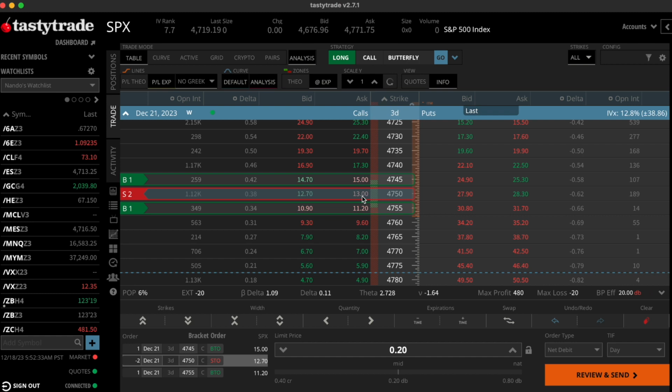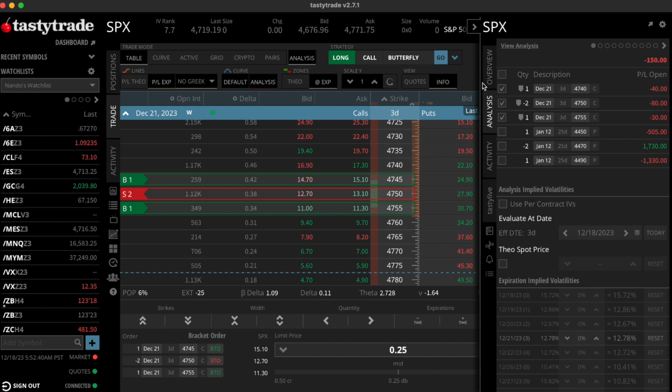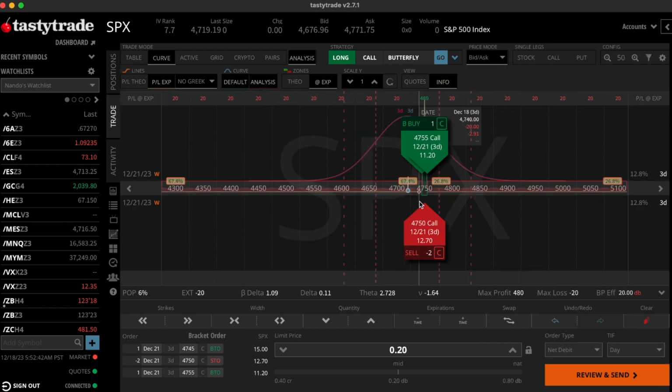Then it'd be a butterfly, and you'd still have a credit for doing the whole trade with the possibility of a nice payoff at the apex of the butterfly or the apex of the condor. That would be pretty cool. But the most important component of all that is realizing that if you had let the original trade expire worthless, you're exposing yourself to a lot of potential risk, which is unnecessary.